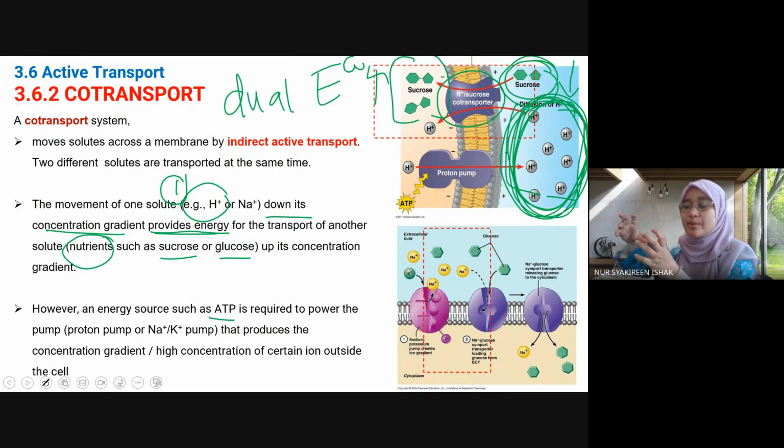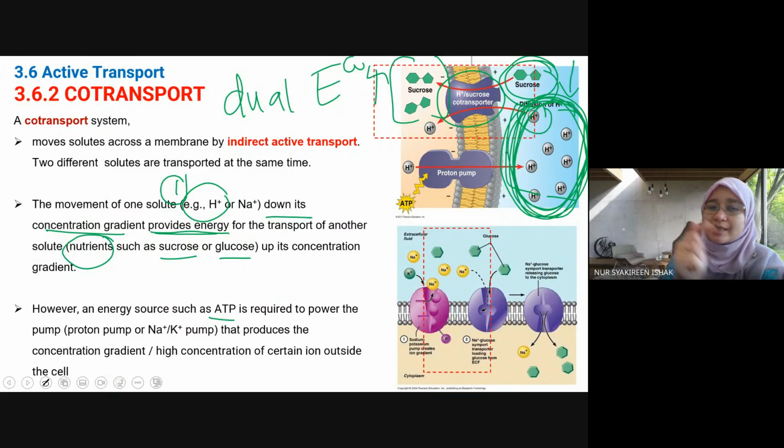Okay, so once you have a high concentration of hydrogen ion outside cell, the hydrogen ion will diffuse back into the cell, from high to low. The process of hydrogen ion diffusing back into the cell involves another form of transport protein. We call it a co-transporter. These co-transporters allow hydrogen ion to diffuse back, and at the same time, provide energy for the co-transporter to move sucrose from outside into the cell.